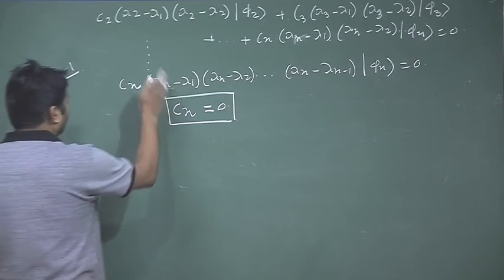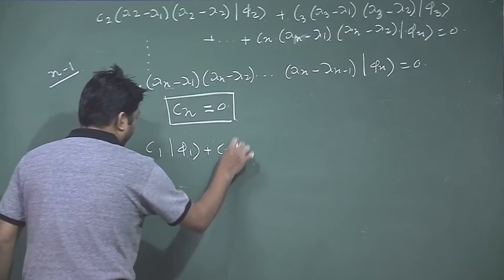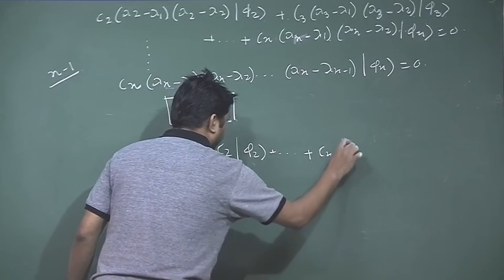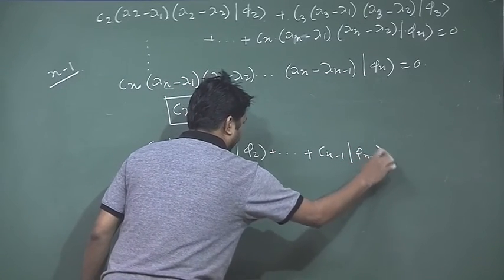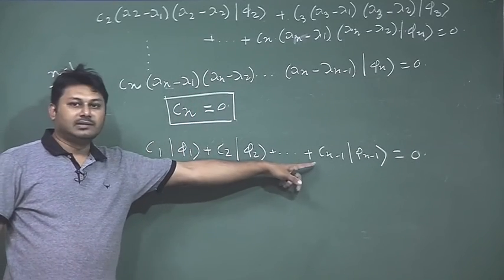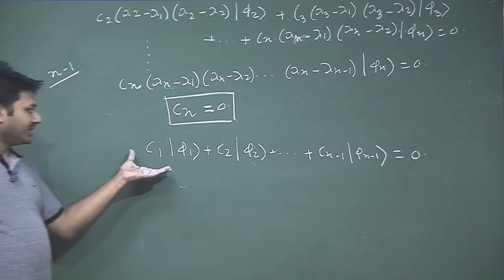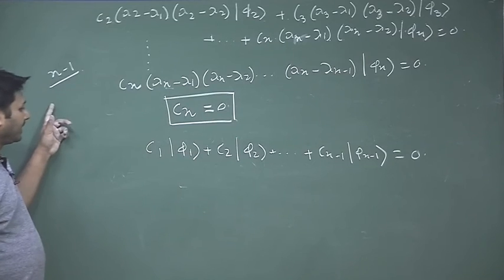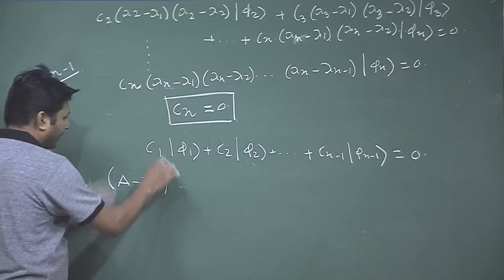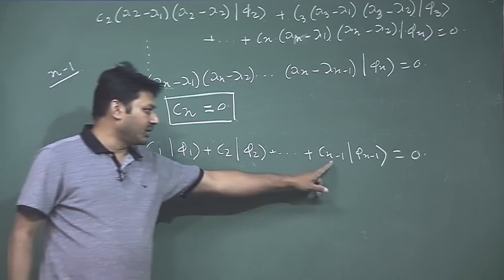If Cn is equal to 0, I should stop here and say my new equation is this, because Cn I calculated is 0. Next, I start with this equation and again operate with (A − λ1 I) over this, do that n − 2 times, and find Cn−1 is 0.